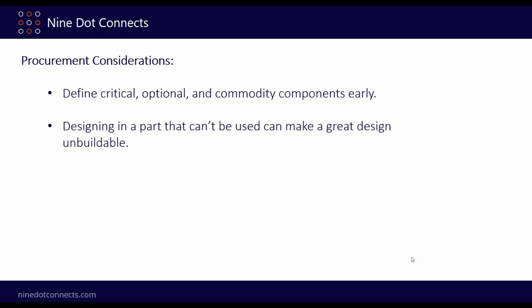The trap here, though, is if you design in a part that can't be used, you can make a great design unbuildable. And what I was going to mention about the commodity components is that it always surprises me when I hear that we have a worldwide capacitor shortage. And you're like, that can't be right, right? Well, yeah, it can be right. You never know what happens in different countries.